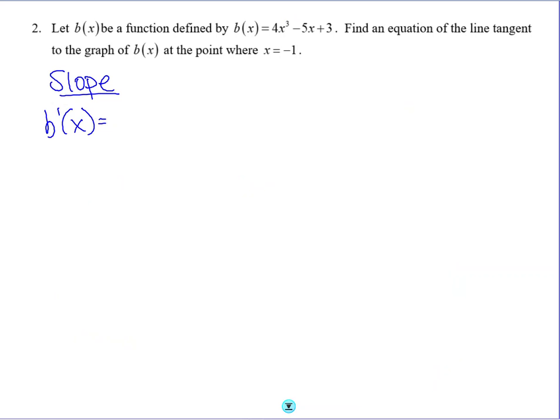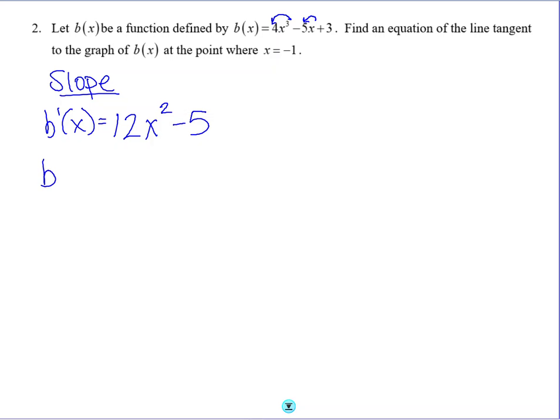So I need to multiply the coefficient and the exponent, decrease the exponent by 1, and my derivative is 12x squared minus 5.